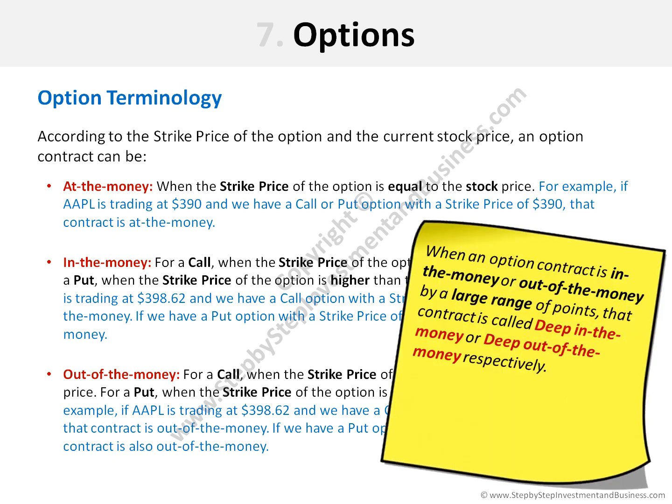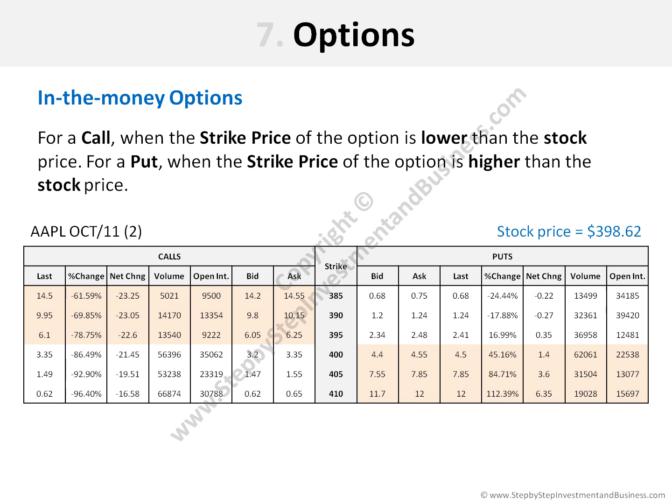When an option contract is in the money or out of the money by a large range of points, that contract is called deep in the money or deep out of the money, respectively. Now let's see some examples of in-the-money options in the option chain. Remember that for a call, it is when the strike price of the option is lower than the stock price, and in the case of a put, it is when the strike price of the option is higher than the stock price.